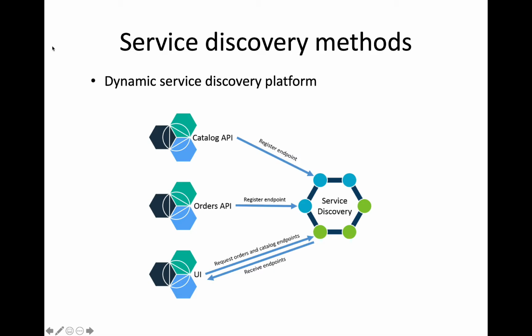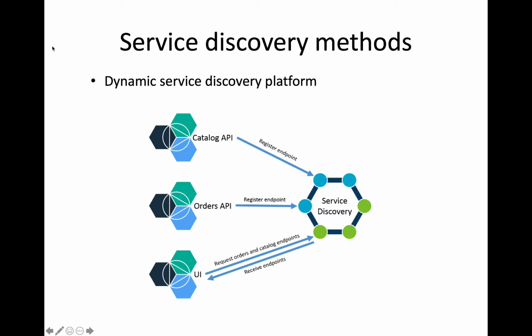Probably one of the most common service discovery methods that you'll find today is leveraging some sort of dynamic service discovery platform. The idea here is that you have a centralized service discovery service that is persisting data and information about the location of services running within the platform.